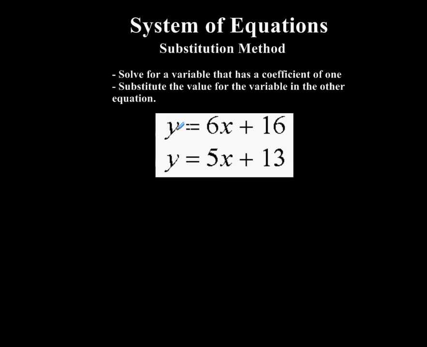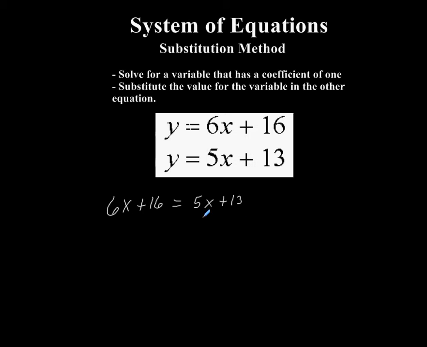So we substitute in the place of this y the value of y, which is 6x plus 16. Here's what it would look like. 6x plus 16 is equal to 5x plus 13.